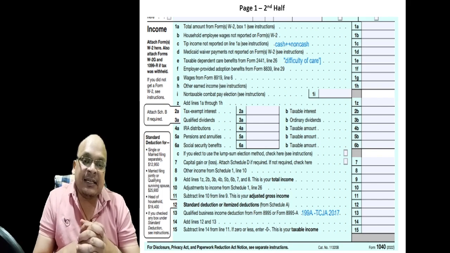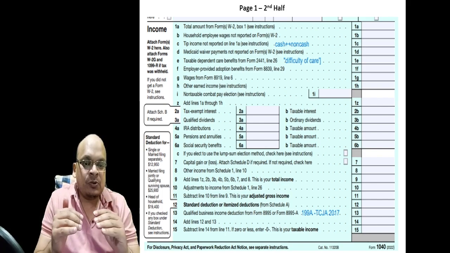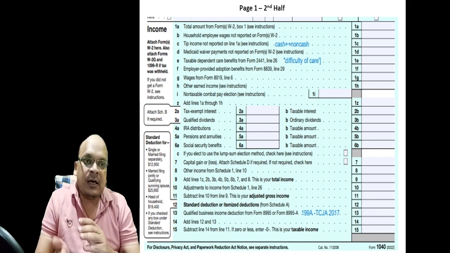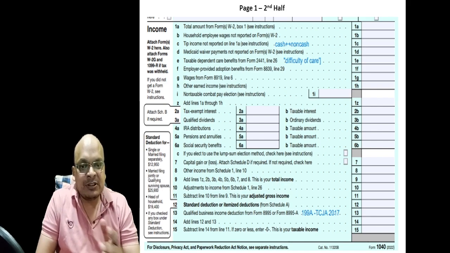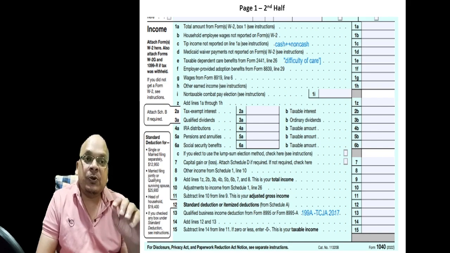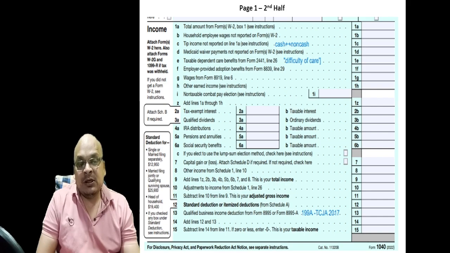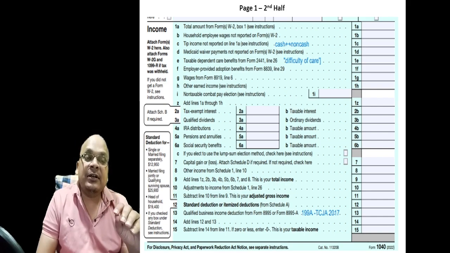I'm not going to talk about each item or even discuss 1A to 6C, right? These are separate topics requiring separate discussions. But giving a bird's eye view, you can see line 7 talks about capital gain and attaches Schedule D, which talks about the capital gains of a taxpayer. Then you have line 8, other income in Schedule 1.